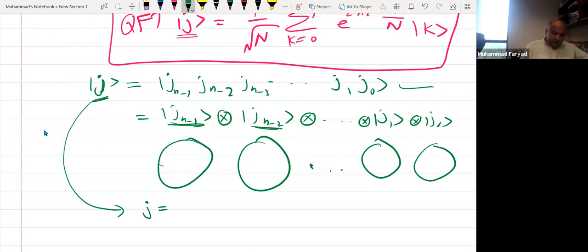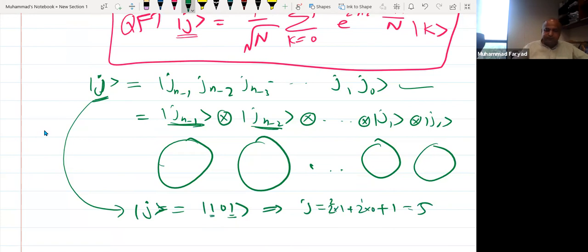So j is, let me start with an example. Suppose you have a j state like 1, 0, 1. So this means that j is, this 1 is at the unit place, so 1, plus this 0 is at the next place, 2 power 1 into 0, plus this 1 is at the next place, so 2 power 2 into 1. So this is 4 plus 1, 5.